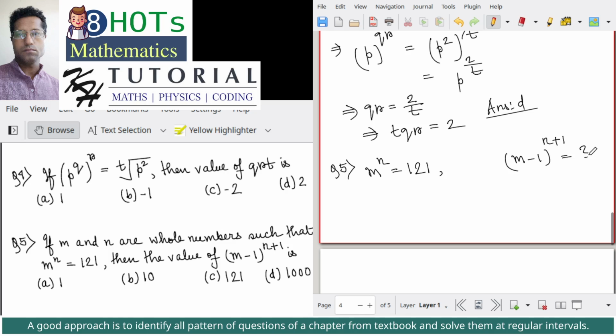Now, since m to the power n is equal to 121, m cannot be 0.